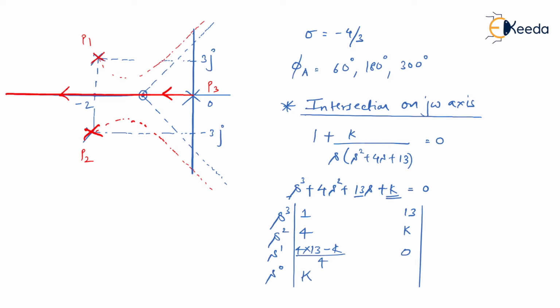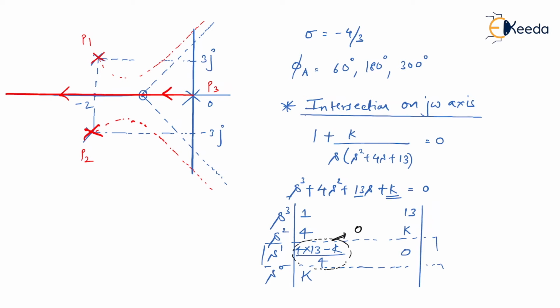I told it very precisely: whenever you want an intersection on the j omega axis, you should impose special case 2. And what is special case number 2? There should be a presence of an all 0 row. I repeat, there should be a presence of an all 0 row, and it always occurs at an odd power of degree. Over here, it is s1. So an all 0 row is possible if this highlighted element is equated to 0.